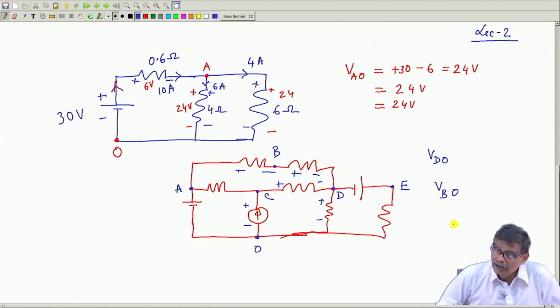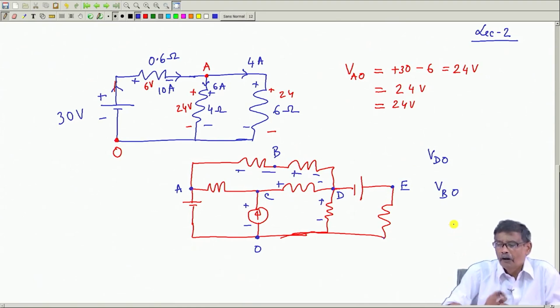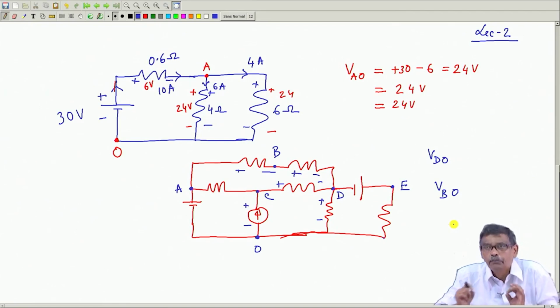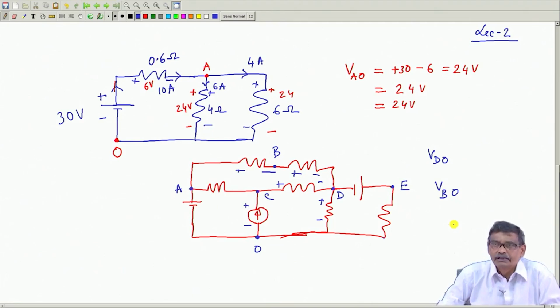Understood? So this is how I can calculate the voltage between any 2 points in the circuit, and we shall use that knowledge often in circuit analysis.